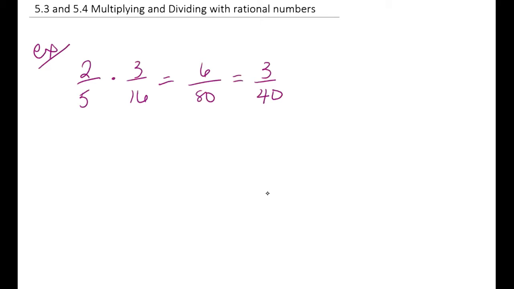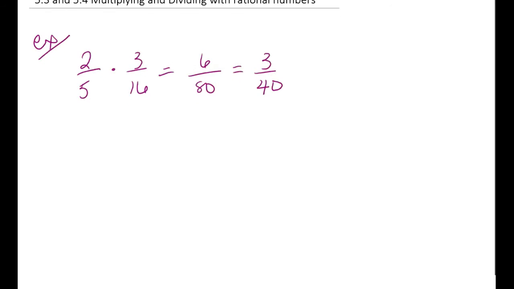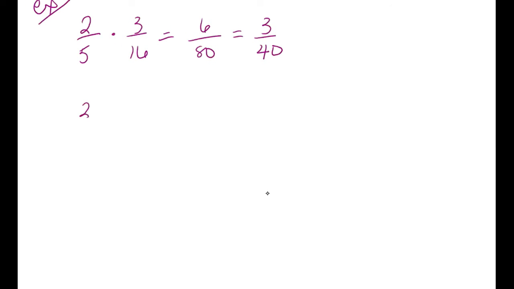But I'm going to show you a different way that's going to help at the end if you find this easier. So let's say, again, I start with 2/5 and I have 3/16. Now I'm going to look at what's called the cross products. So I'm going to look at a number on the top and a number on the bottom.